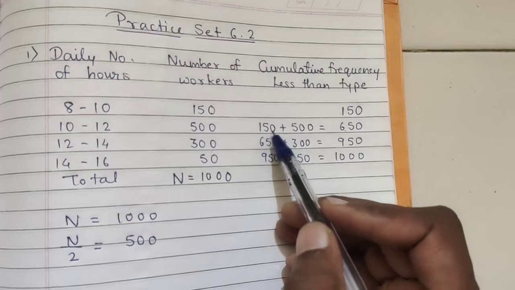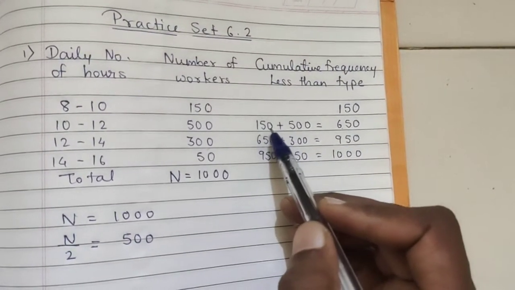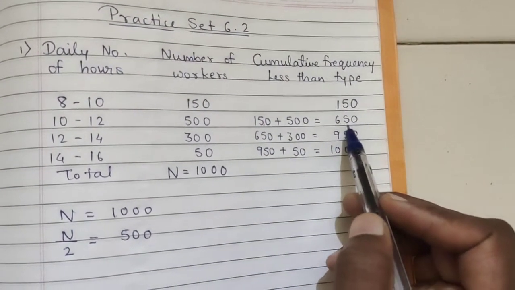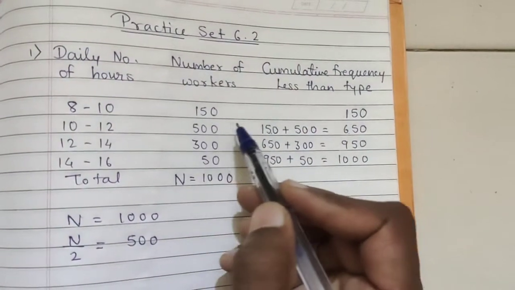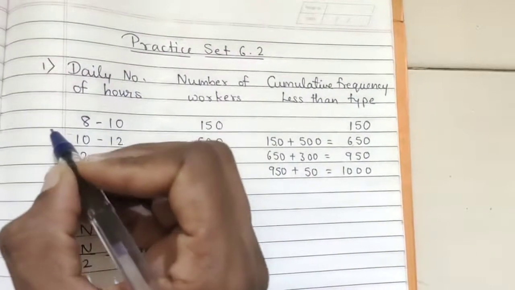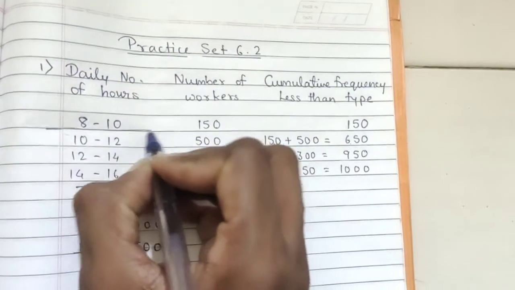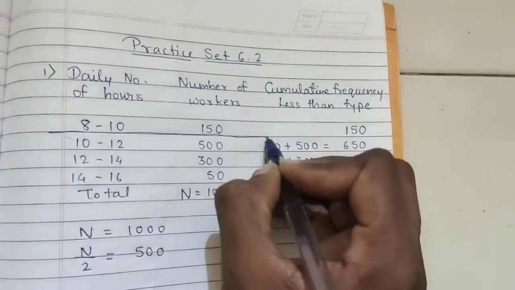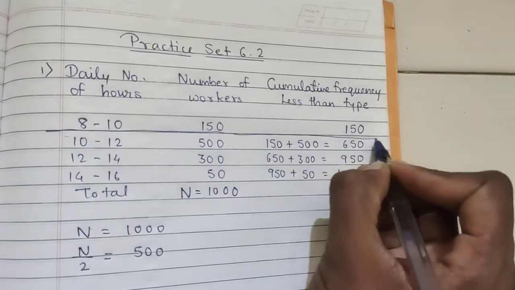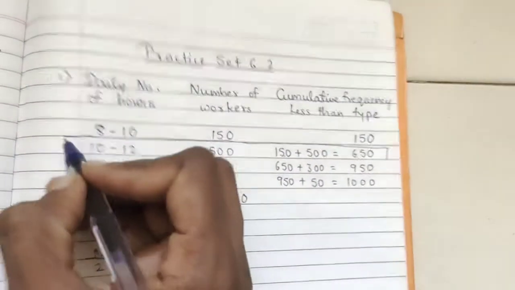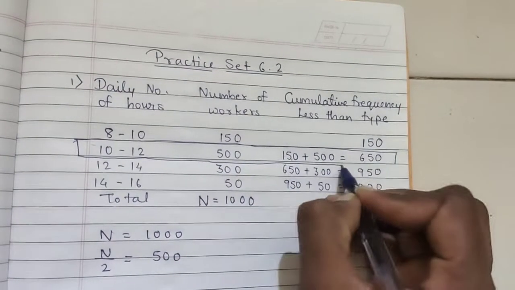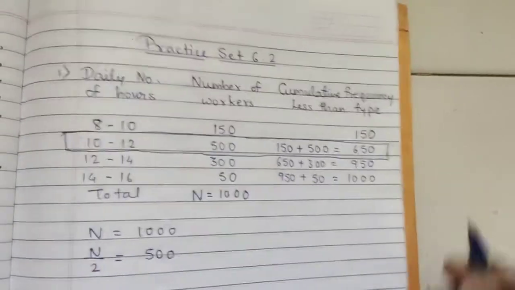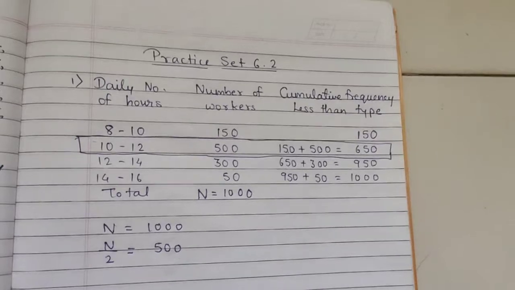So definitely 500 will come in this class, because 500 lies between 150 and 650. So this class is your median class, so highlight it.